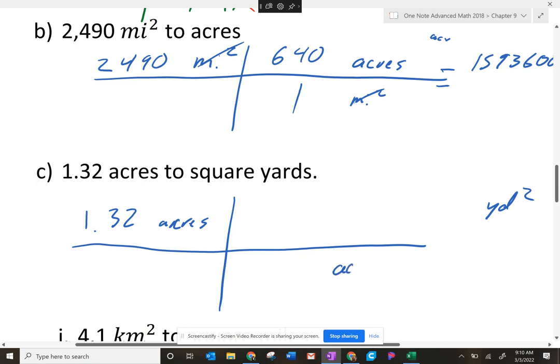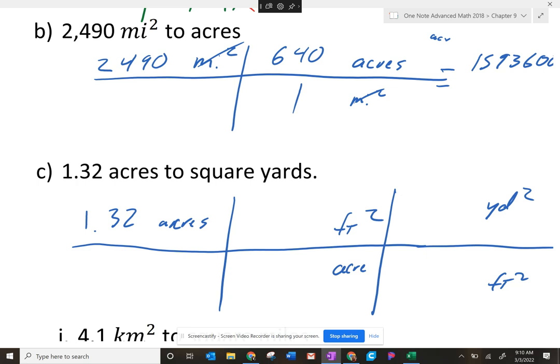So I'm going to put my acres on the bottom to feet squared, and then I'll have my feet squared up to yard squared. The way I like to do mine is I put my labels down first, so that I know I'm going to get to the correct label at the end. And then I'll plug my numbers back in. For acres to feet squared, 1 acre is 43,560.